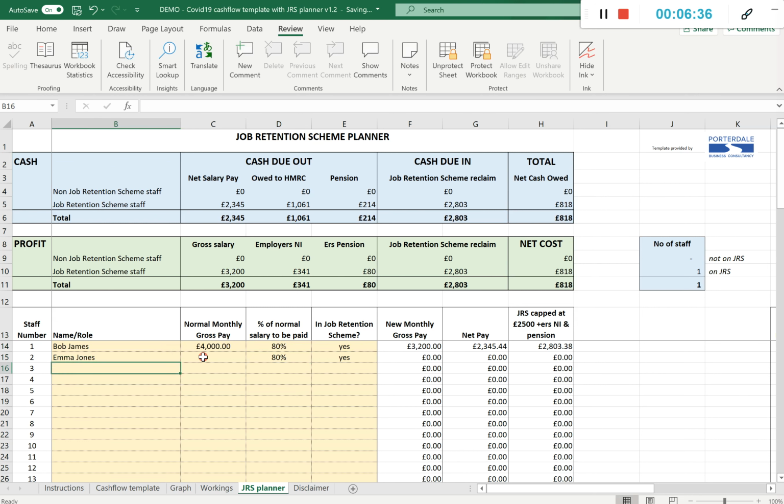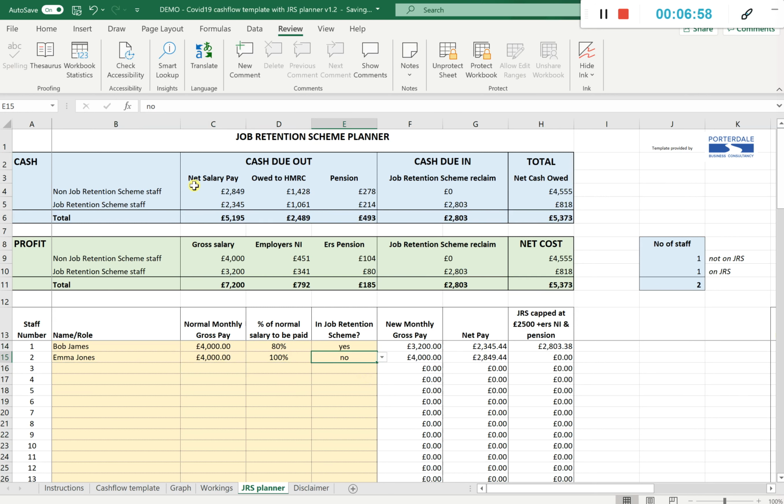So you just build this up with who's on the scheme, who isn't, and it builds up the total for you.